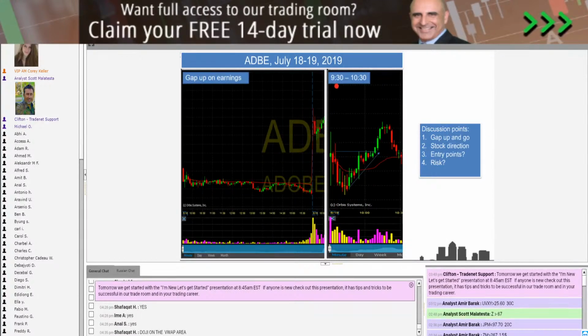So this is how we look at 9:30 to 10:30. A failed reversal play. Of course, the breakout trade would have been a major failure. It didn't meet the standards of a breakout trade, but the reversal trade was very nice, and a pullback.